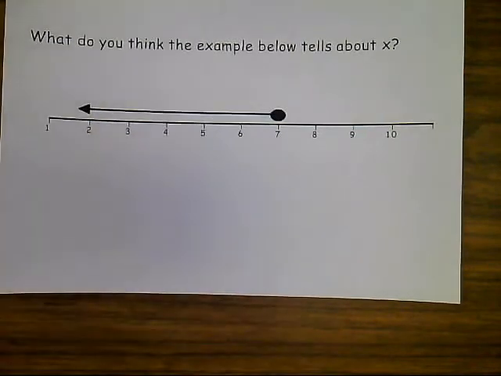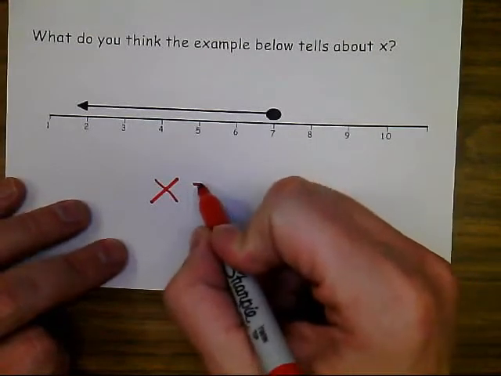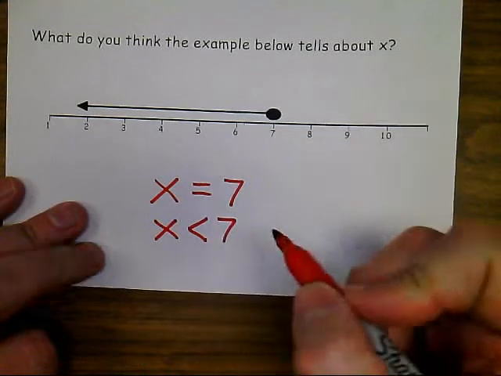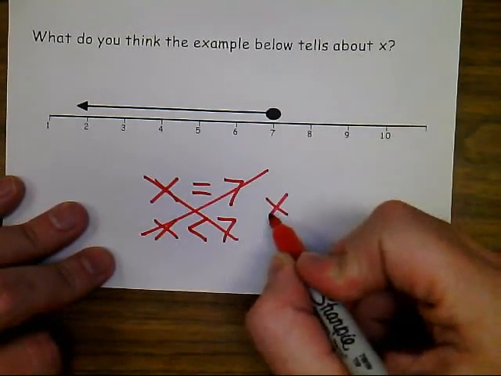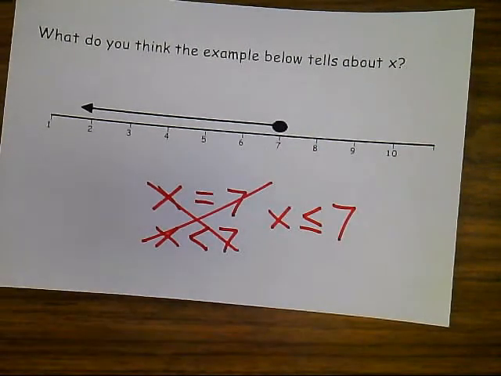So the inequality I'm actually looking at here is x could be equal to 7, or x could be less than 7. So the way we'd write this is x is less than or equal to 7. That solid dot matters because it indicates that it could equal 7.